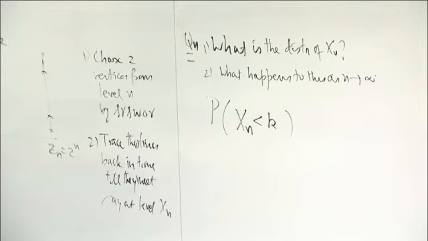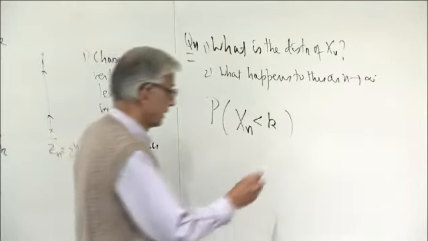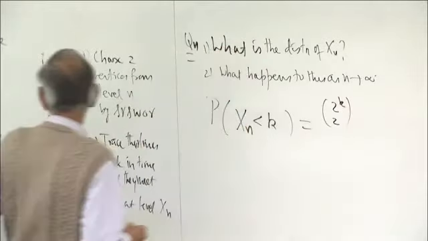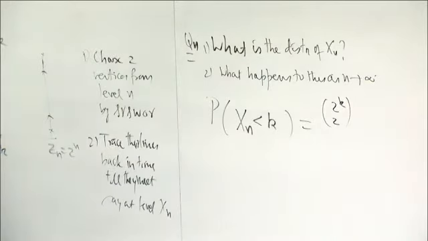But if I want it to be less than k, then at level k, I have 2 to the k vertices. Each of these individuals has time n minus k left to them, so they would have 2 to the n minus k descendants by time n. So if I want X_n to be less than k, I choose 2 of these 2 to the k vertices, and then look at their descendants, and choose 1 from each of these.